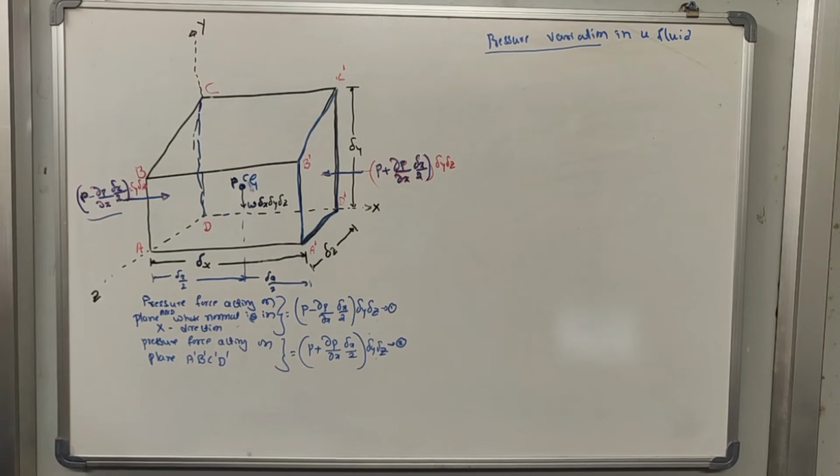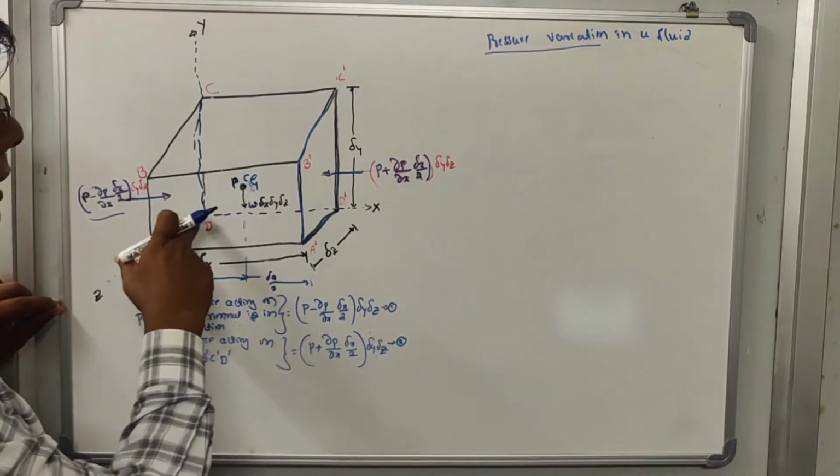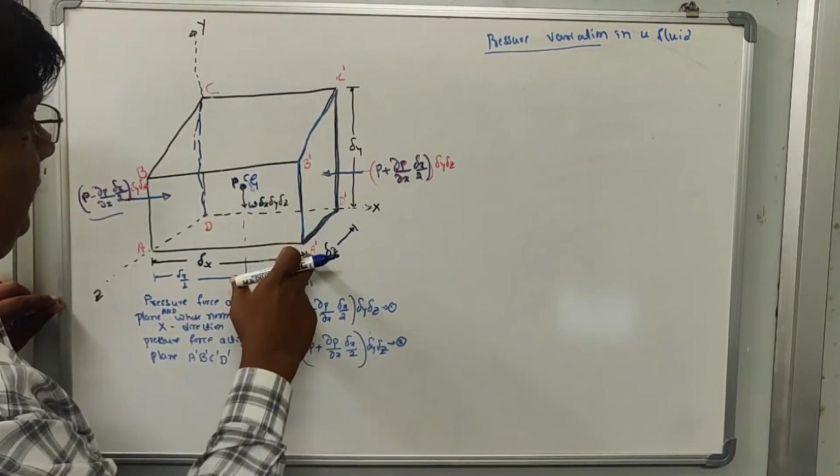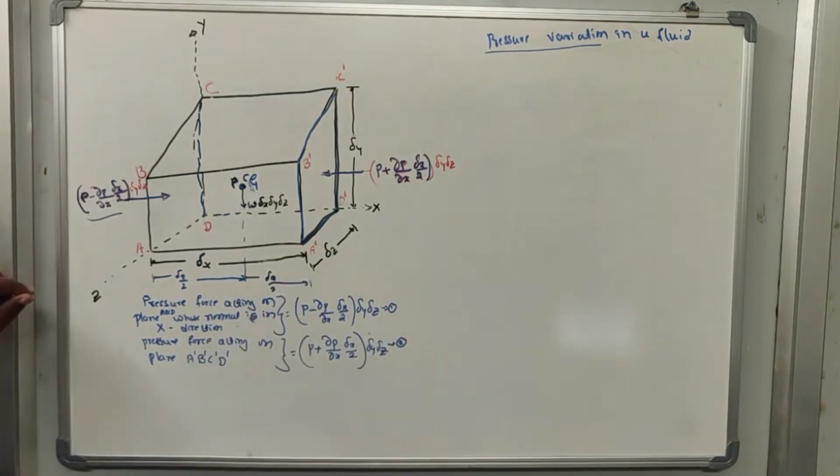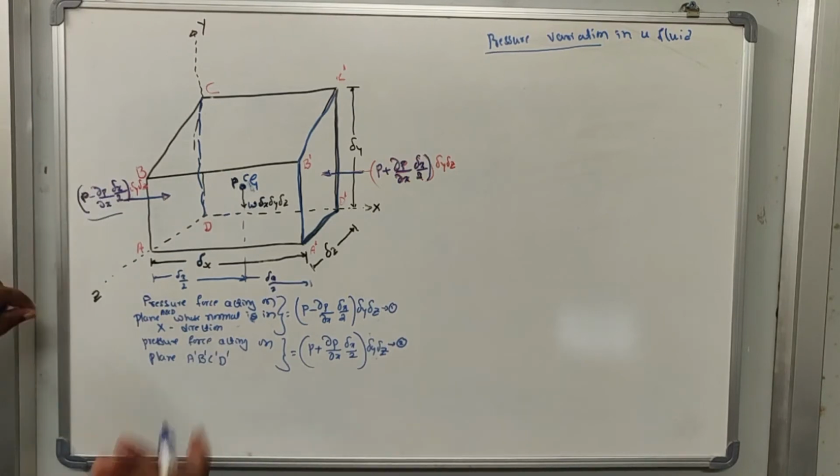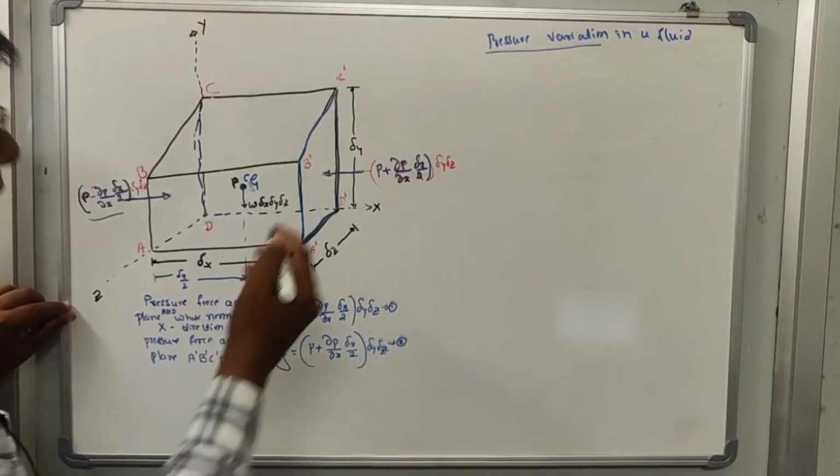Now consider the plane A D D dash A dash. That is the bottom plane, the bottom of the parallelepiped, whose normal is in the y direction.